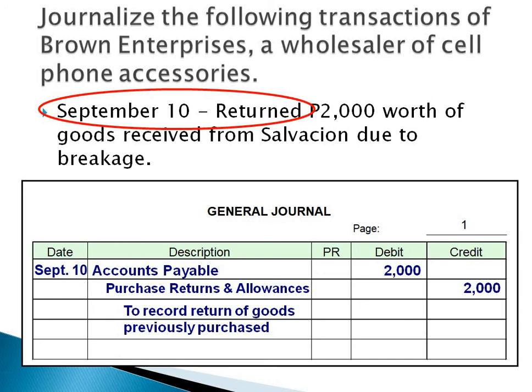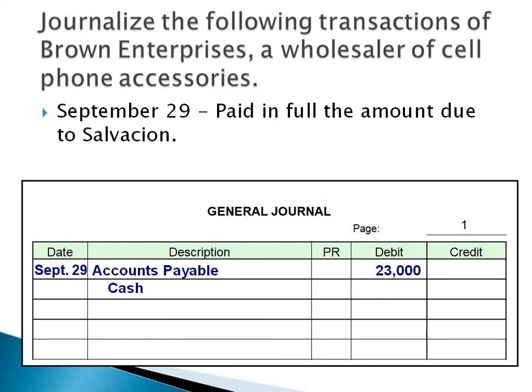That is 25,000 credit minus 2,000 debit to accounts payable equals 23,000 balance of the accounts payable before payment to Salvation on September 29. When that accounts payable of 23,000 was paid in full on September 29, what happened to the accounts payable of Brown to Salvation? It decreased by 23,000, of course. And to record the decrease, what must be done? Debit accounts payable for 23,000.